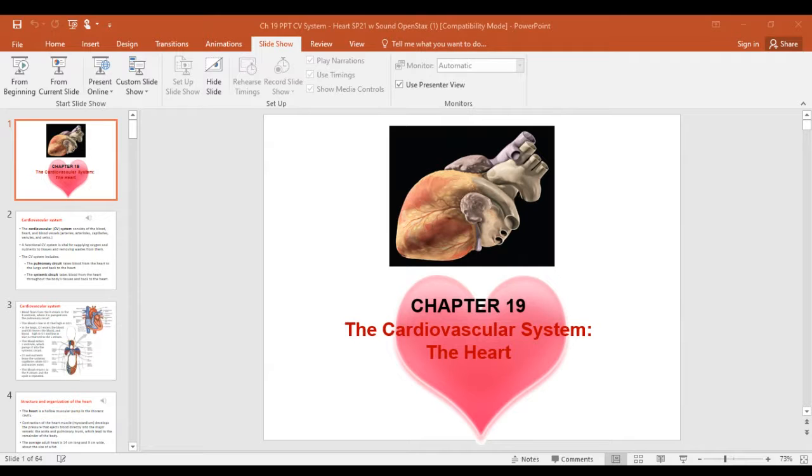And those nerves are called AV bundles, bundle branches, and Purkinje fibers. So those are just nerves that carry that pacemaker impulse throughout the muscle tissue of the ventricles to stimulate them to contract, to pump the blood out of the ventricles.